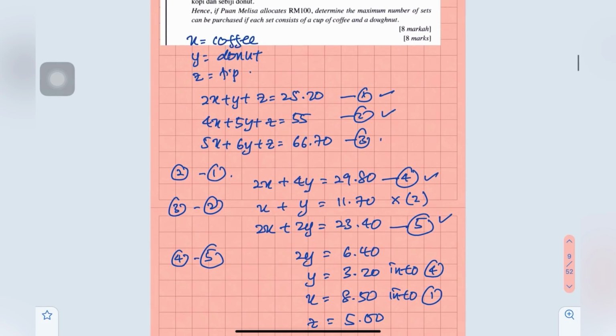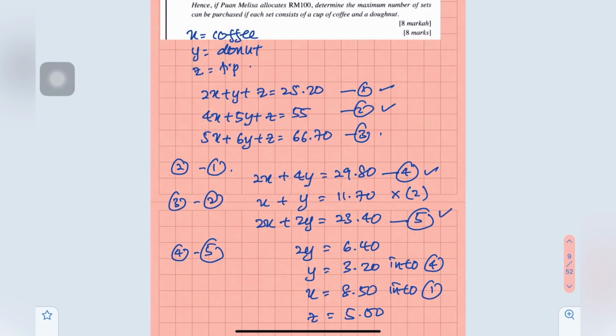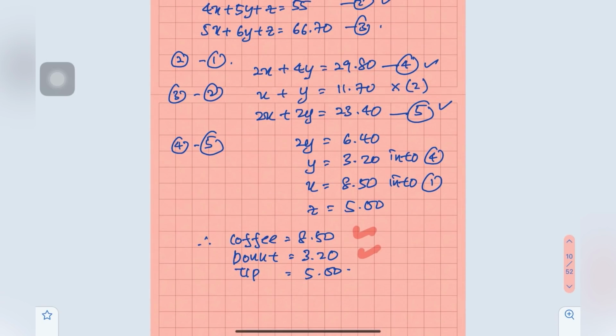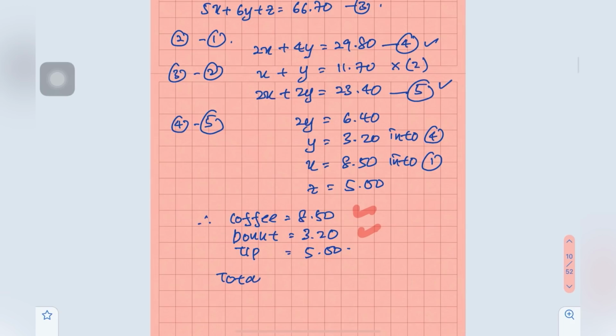Dia cakap kat sini. Hence, if Puan Melissa allocates RM100, determine the maximum number of set can be purchased if each set consists of a cup of coffee and a donut. Okey, ada kopi dengan donut. Kita pertimbangkan kopi dengan donut je lah. So kopi tadi ni dengan ni. So kita tambahkan. So then total kopi RM8.50 tambah RM3.20 akan dapat RM11.70.